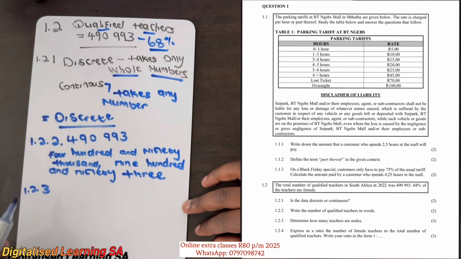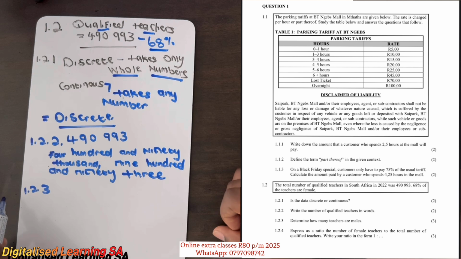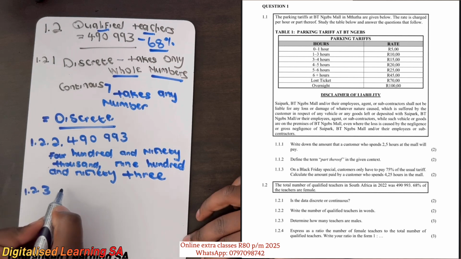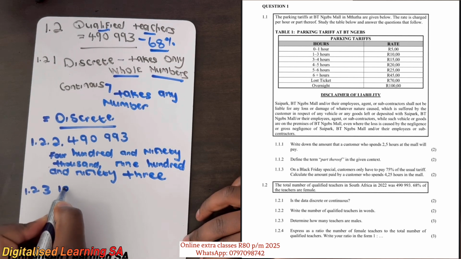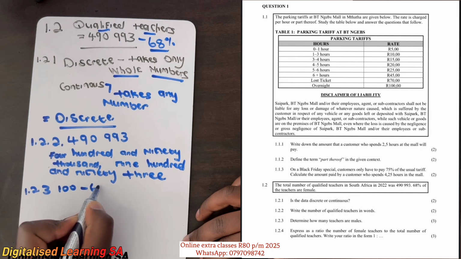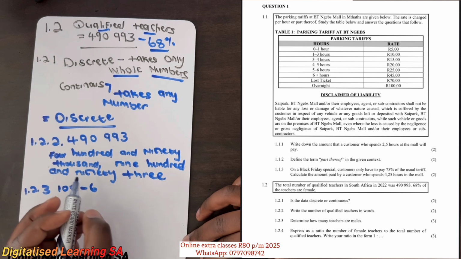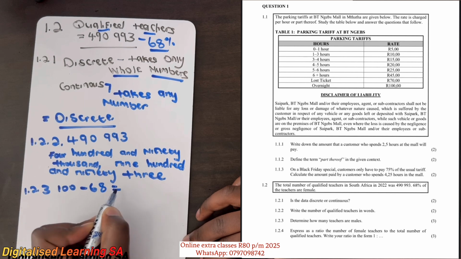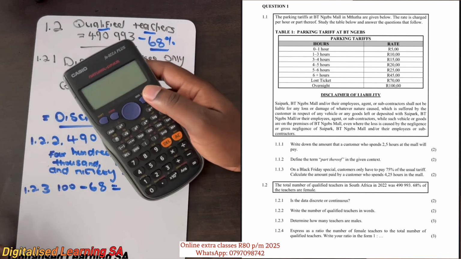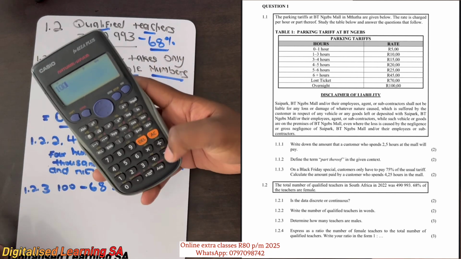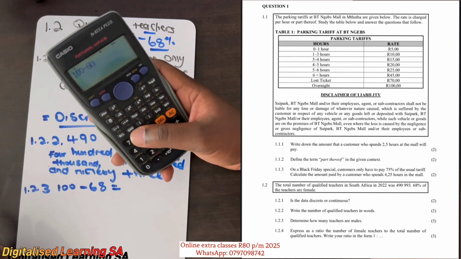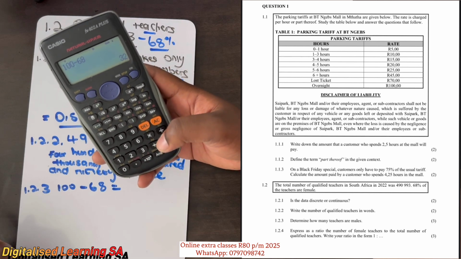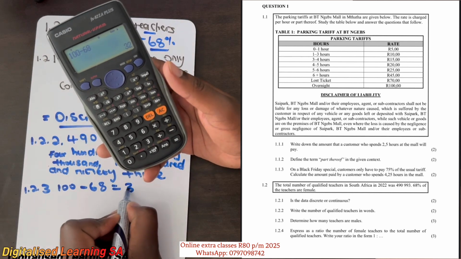Okay, meaning that to find the percentage of male teachers, we just minus 68 from 100, so that we can be able to see the percentage of male teachers. So let's quickly do that. So if we come and say 100 minus 68, we can see that the percentage of male teachers is 32%.